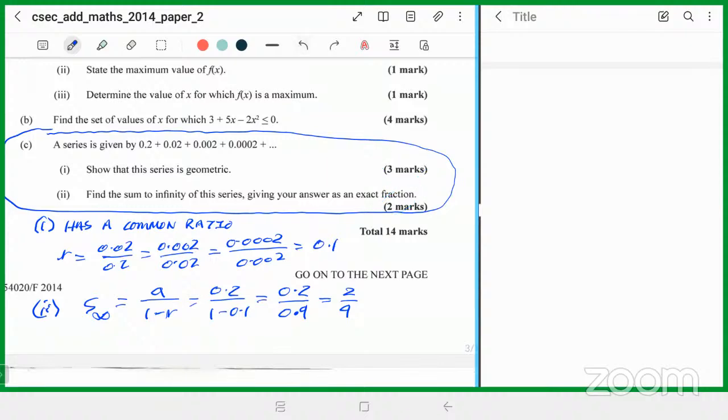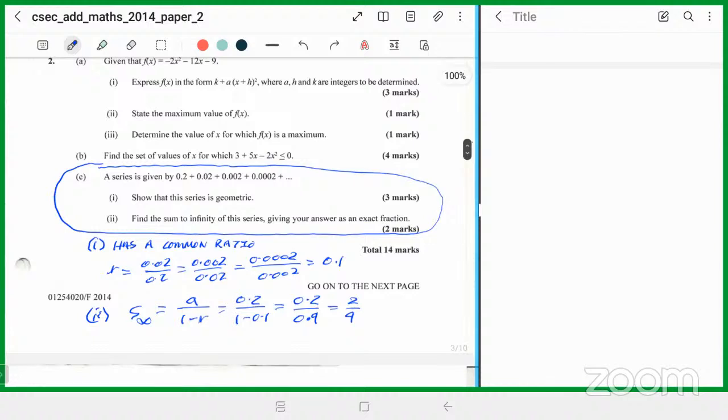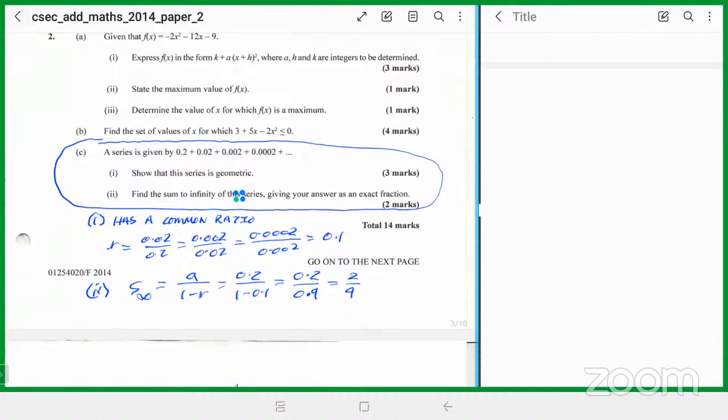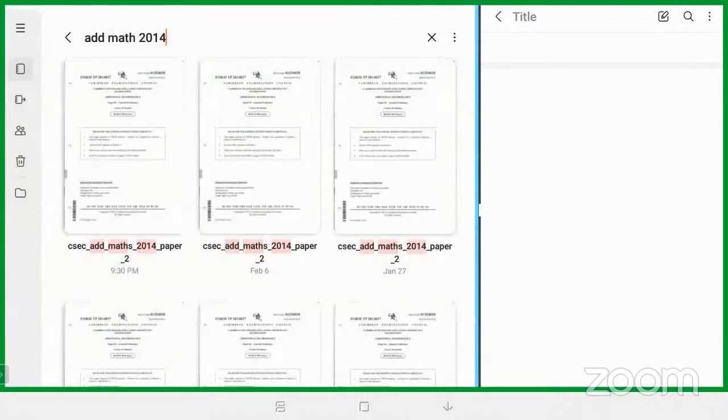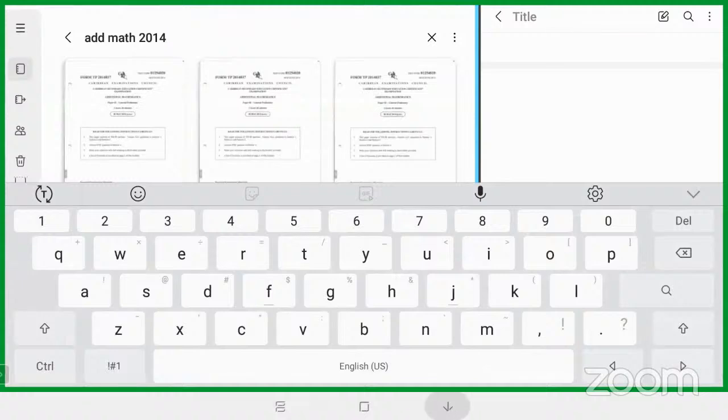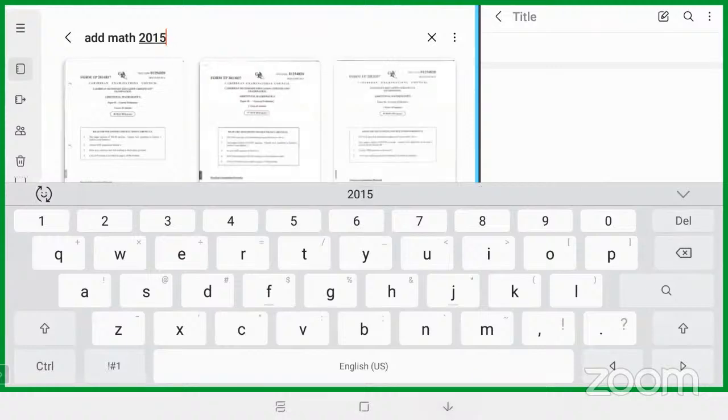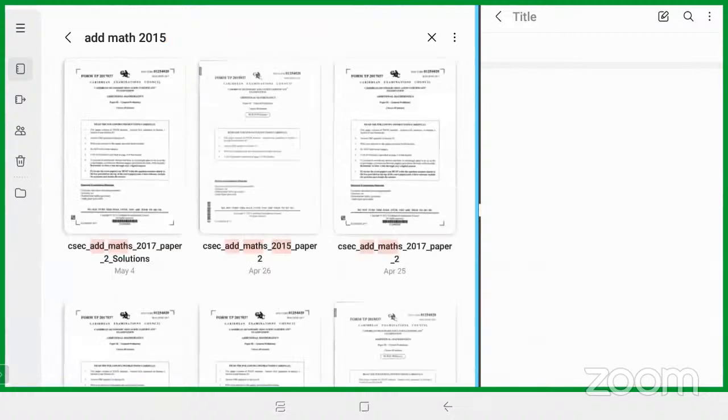All right, let's look at 2015. All right, so far? Yes, sir. All right. 2015. I'll make you start the sums now. Try some of them and watch me do them. Let's look at this one right here.